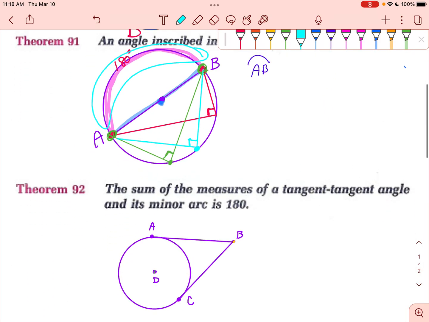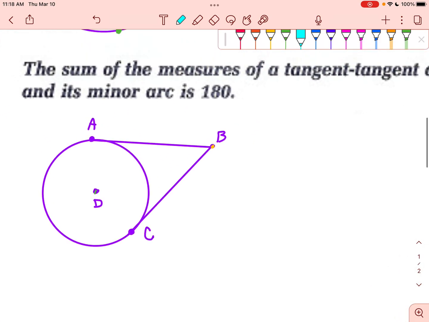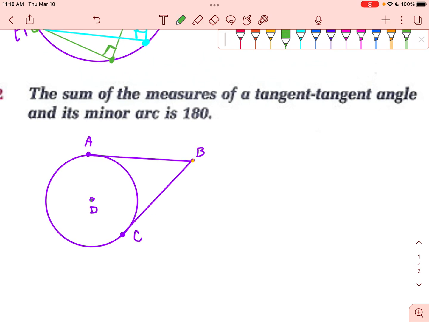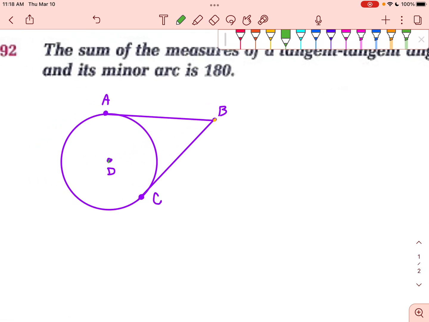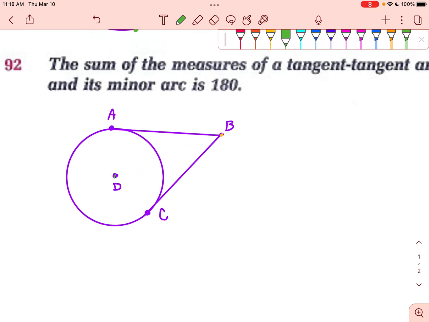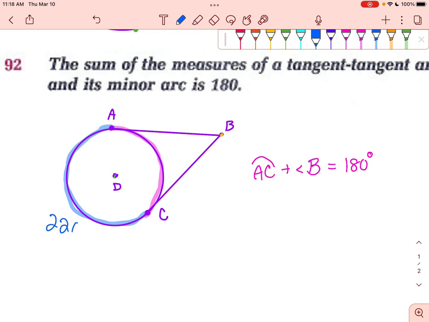So again, very straightforward. And then the last one, we're finally going to be talking about how we can figure out how big this angle is outside. The sum of the measure of the tangent angle and its minor arc has to equal 180 degrees. So this arc AC added together with this exterior angle, this tangent angle, has to equal 180 degrees. Hypothetically, let's call this major arc 220 degrees.